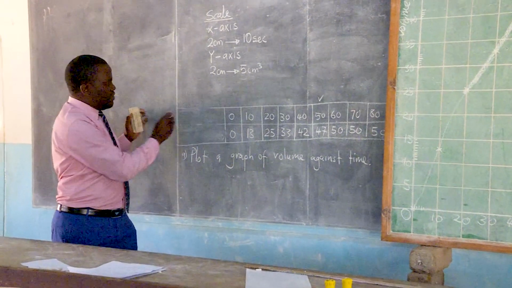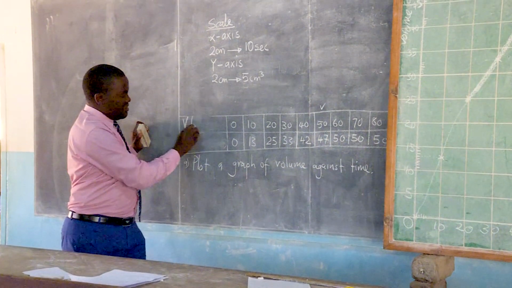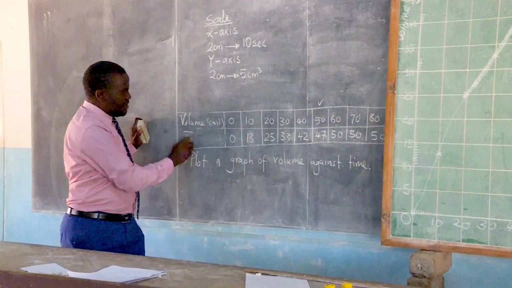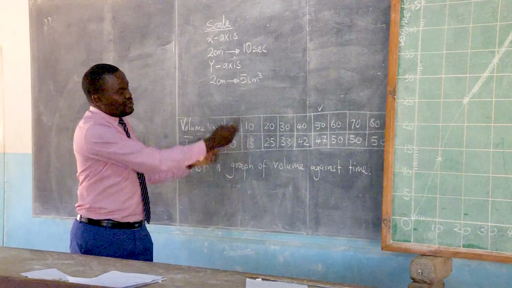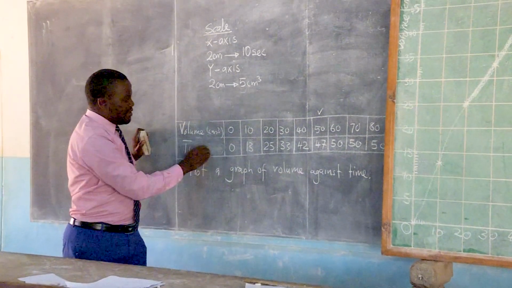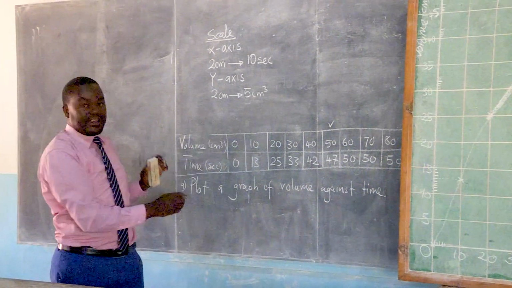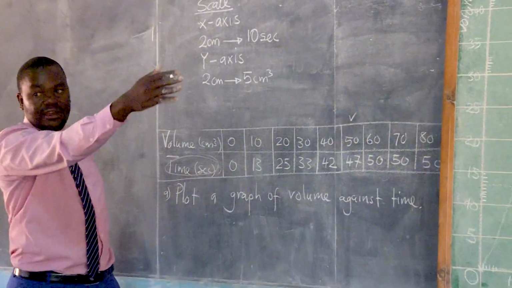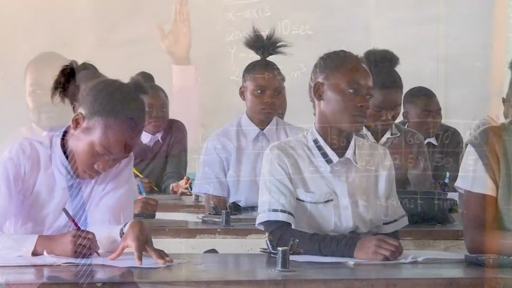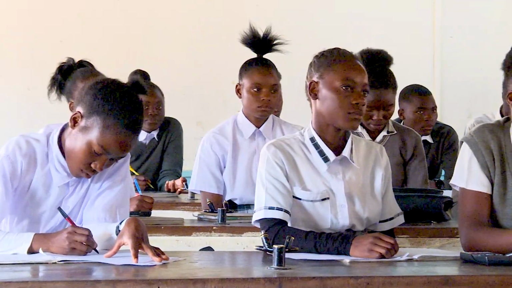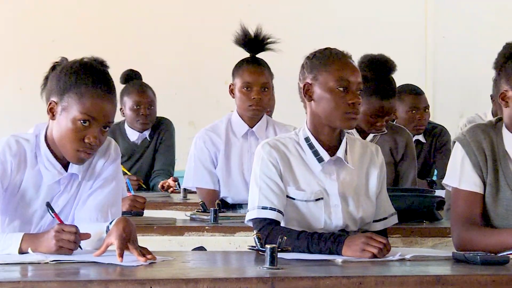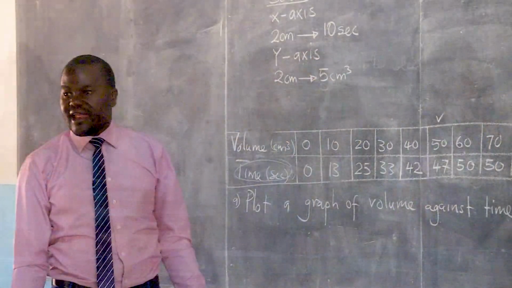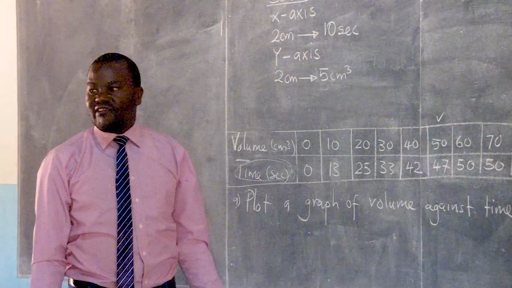They can bring the volume there, and they can bring time there, then they also change the values like that. So you are not supposed to get confused. Always, time should be along the x-axis. Then the other that remains should be along the y-axis. Are we together? Any more questions?